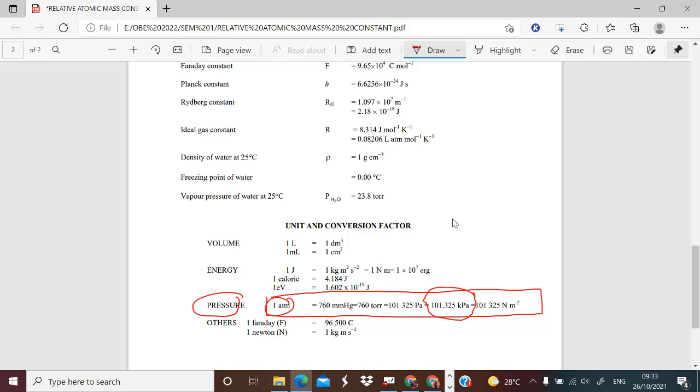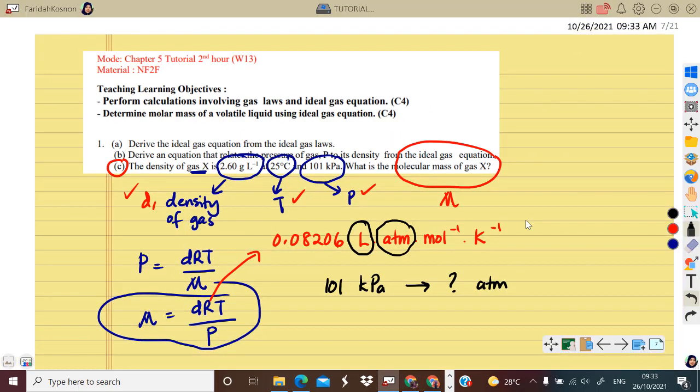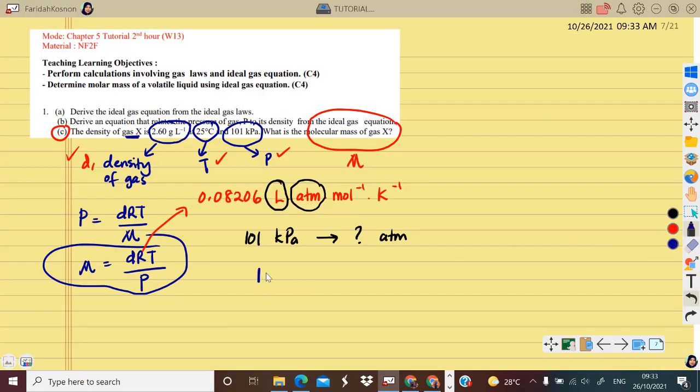Jadi yang diberi tadi adalah 101 kilopascal saja. So kita kena tukar. Okay, so kita buat kerja sikit lah. Okay, so you have to convert. So 101 kilopascal. I don't want the unit of kilopascal. Saya nak dalam ATM. So 1 ATM is equivalent to 101.325 kilopascal. Nampak? Unit cancel out. Jadi selesaikan di situ.